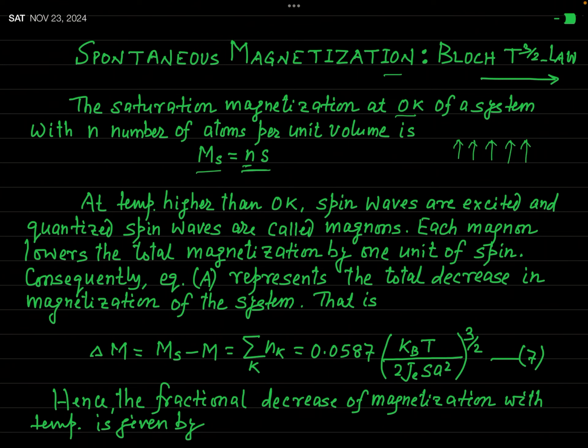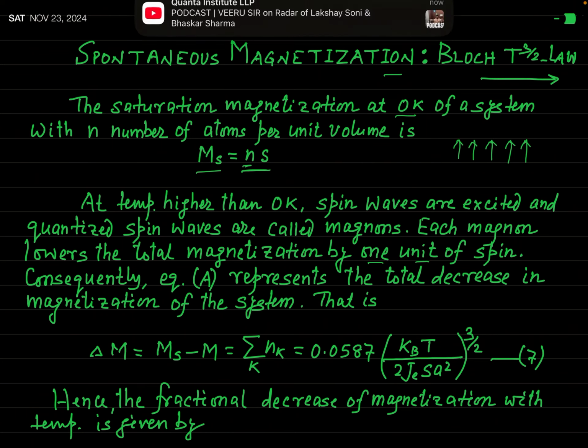But when the temperature is raised higher than 0 Kelvin, spin waves are excited, and quantized spin waves are called magnons. You have learnt earlier that each magnon lowers the magnetization by 1 unit. You have already learned this in the lecture on quantization of a spin wave.